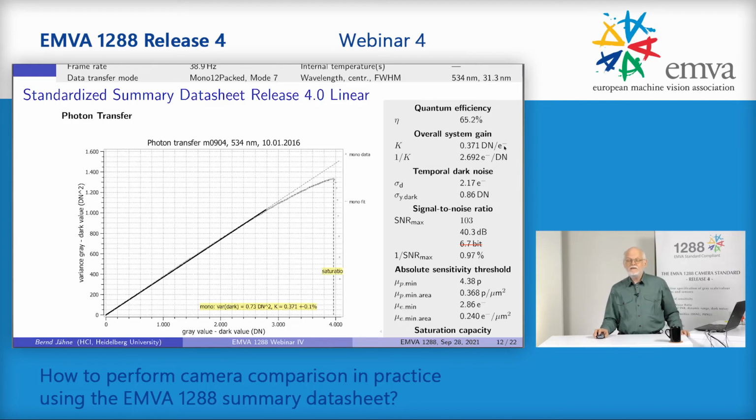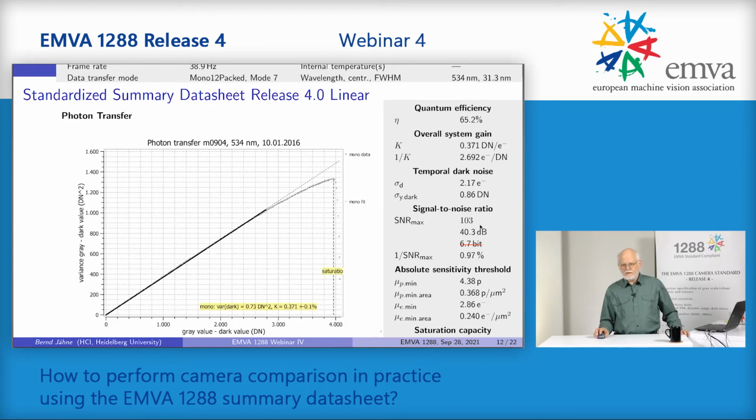So what you see then in the datasheet for the channel model, the quantum efficiency is still listed, but it says that it's not applicable to measure absolute quantum efficiencies. You still can measure, of course, relative quantum efficiencies, and this is also reported. You can no longer measure the overall system gain. That's also not applicable.